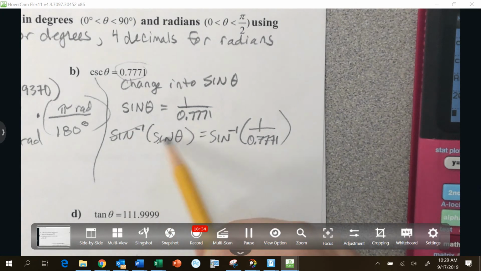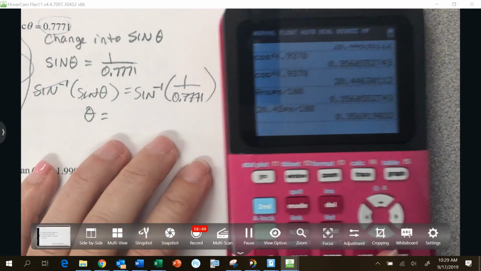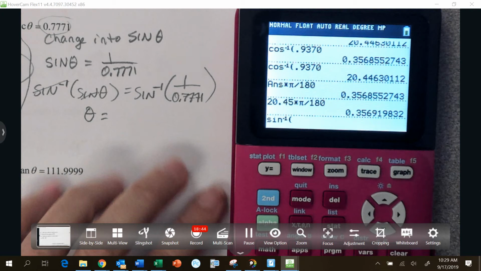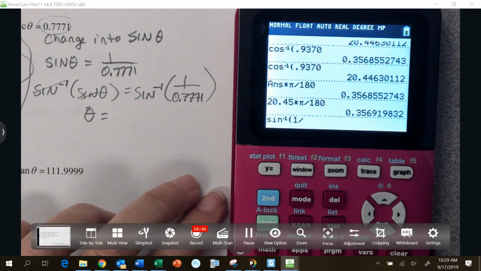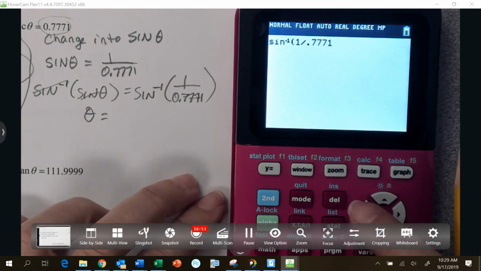That will cancel out the word sine, and that will give me theta by itself. So now I know what to type into my calculator. Inverse sine 1 divided by 0.7771. Oh no, I don't think I typed it in right. I did type it in right.